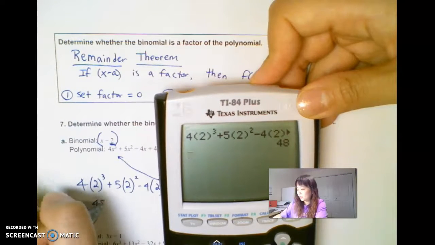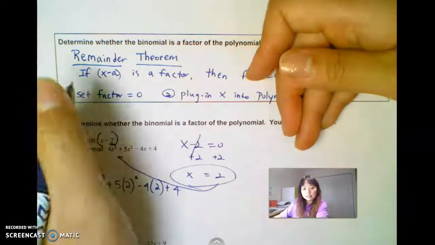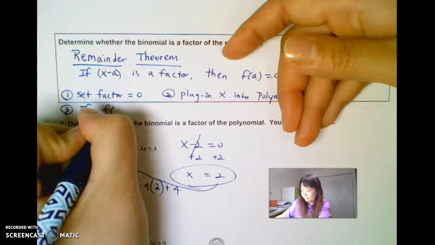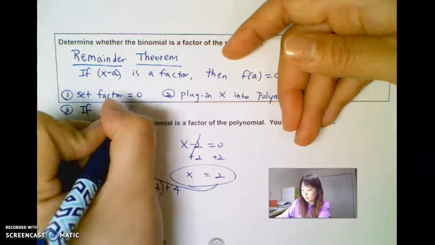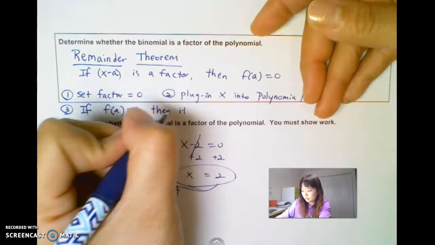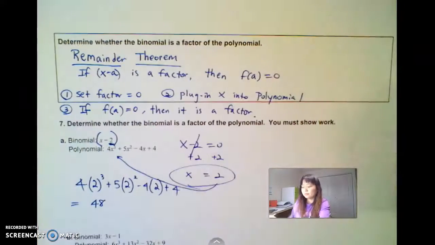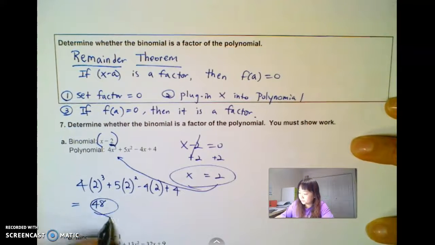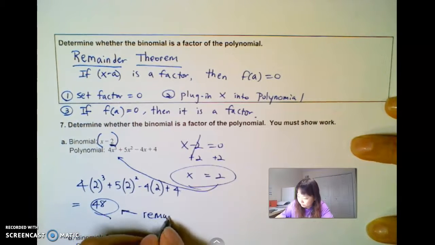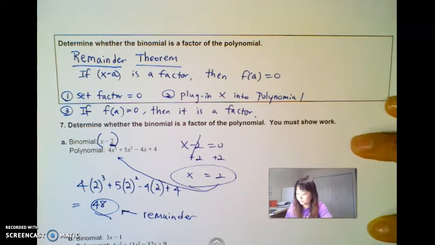So if you get 40, then it is not a factor. If f of whatever you plug in is 0, then it is a factor. If not, like in this case, it's not a factor. That means there's going to be a remainder. It's going to have a remainder of 48, without doing all that extra work.